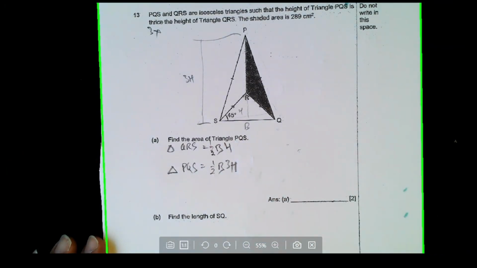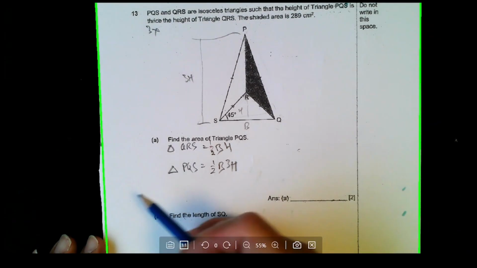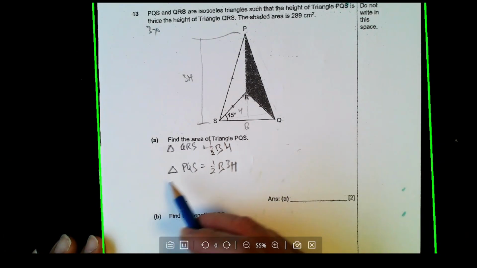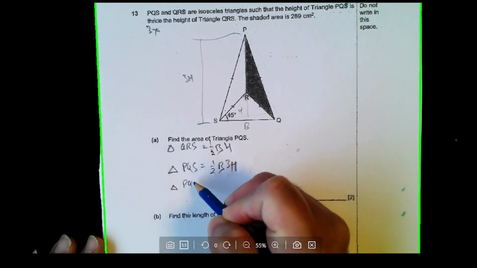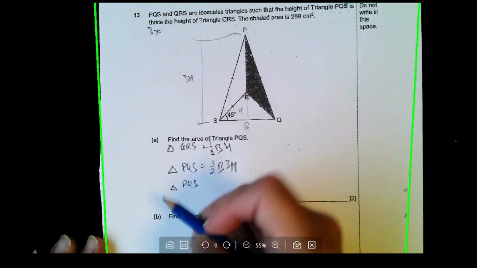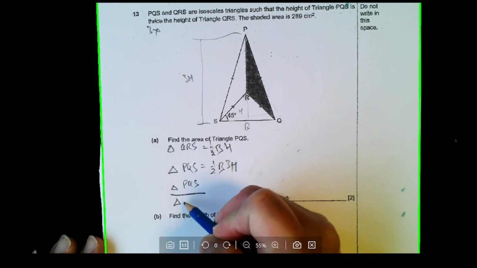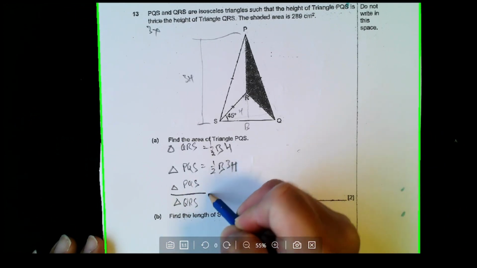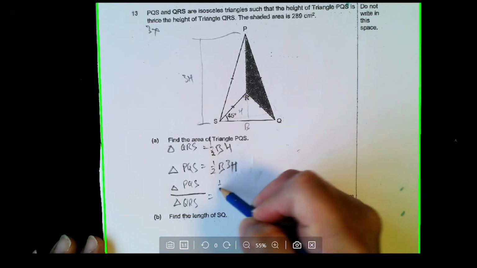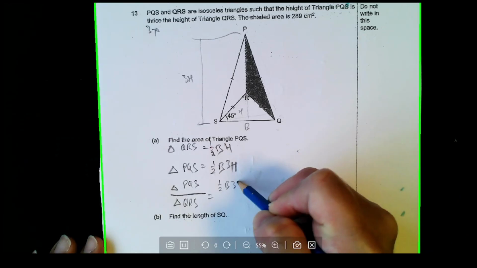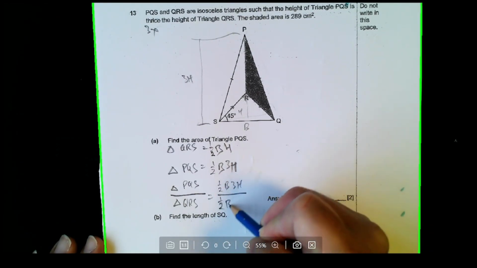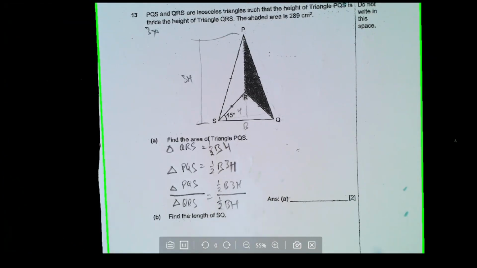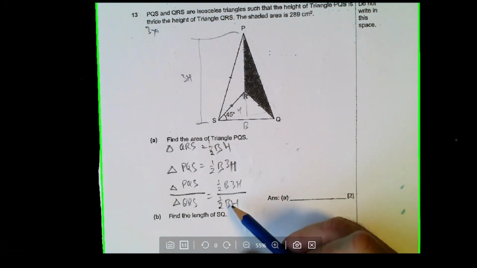So if you take triangle PQS, the big triangle, over the small triangle QRS, the big triangle is half times B times 3H, the small triangle is half times B times H. Okay, what do you see?